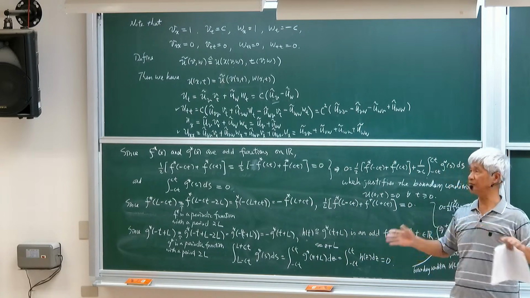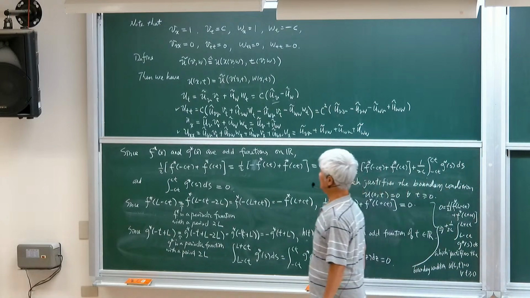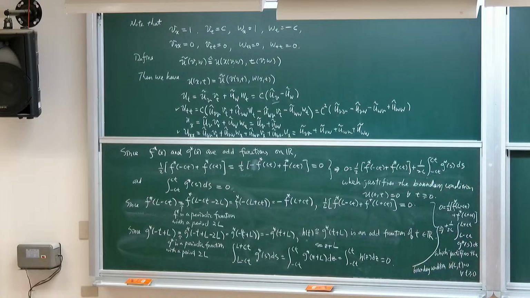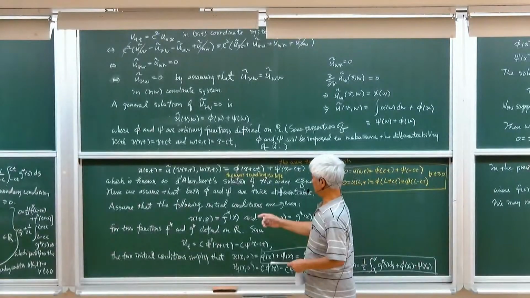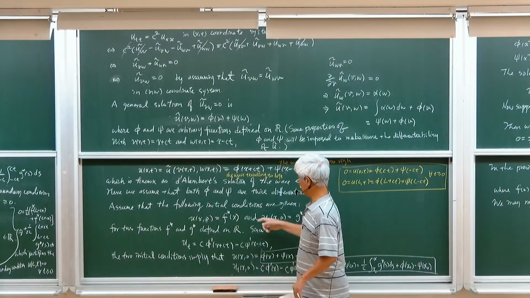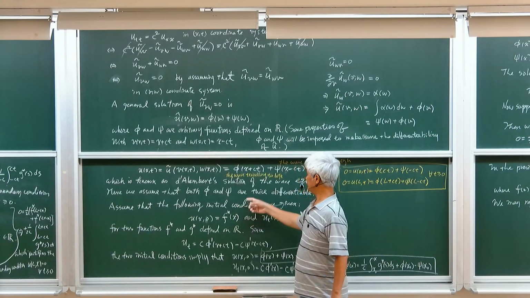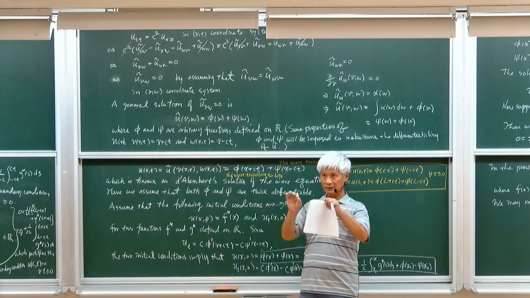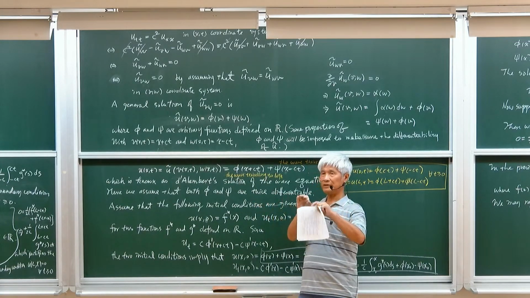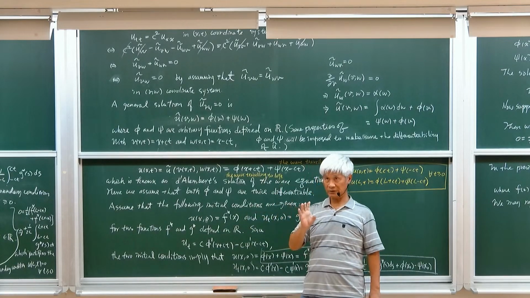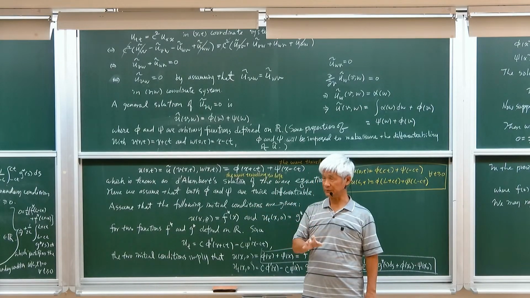So we can still find general solutions, and from these general solutions, by suitably selecting the proper initial conditions there. Because the region covers the whole real line, we don't have boundary conditions in the general solution.